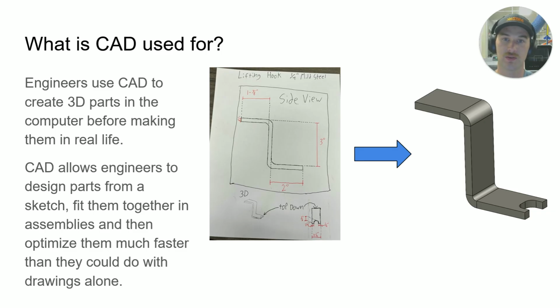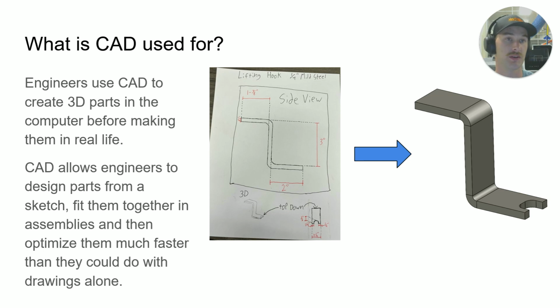Right here is actually an interesting example that I've done for a friend of mine. On the left, he sent me his drawing because he didn't know how to do CAD, but he had this part that is really useful to him and he wanted to make a lot of them. So he couldn't just cut 10 of them out. He wanted to have them laser cut and then bent. So you can see he gave me the dimensions.